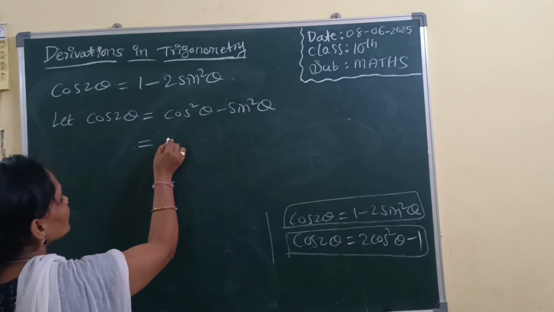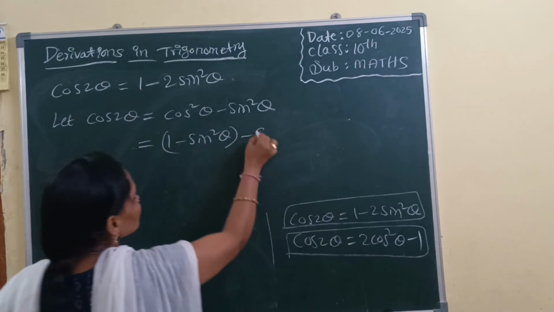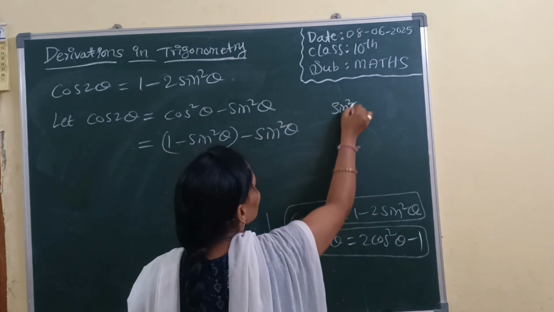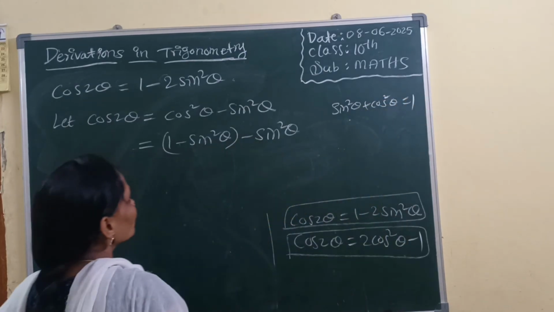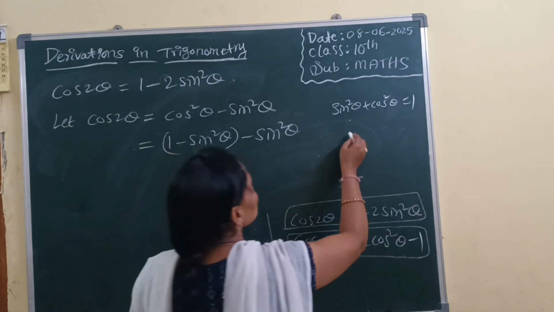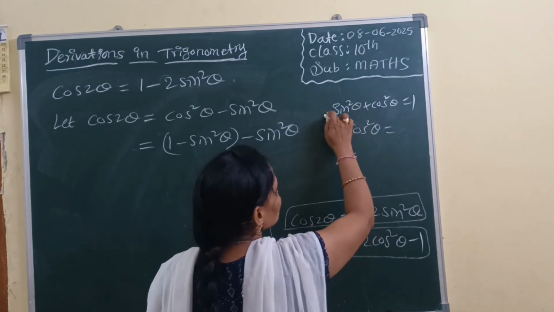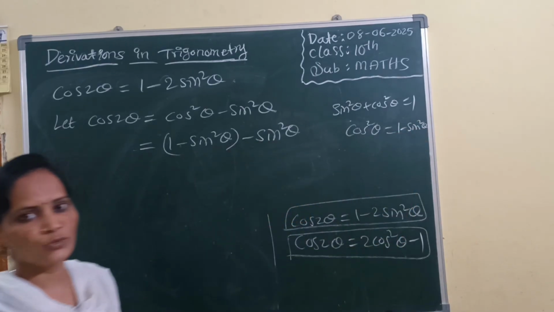Cos square theta we can write as 1 minus sin square theta, minus sin square theta. Why? Because we know the identity sin square theta plus cos square theta is equal to 1. Okay, we want cos square theta now. So cos square theta is equal to, take the transpose, plus will be minus, sin square theta. 1 minus sin square theta.